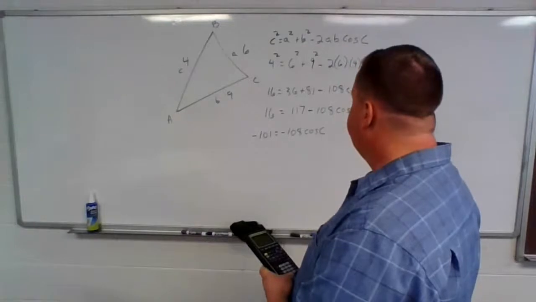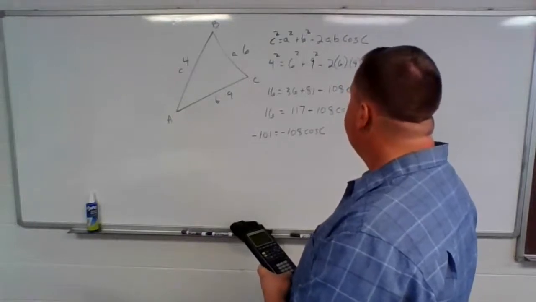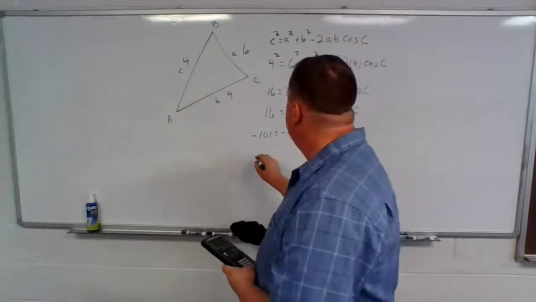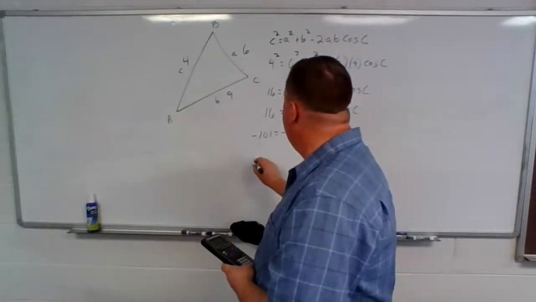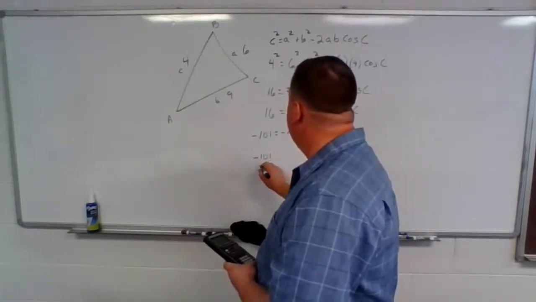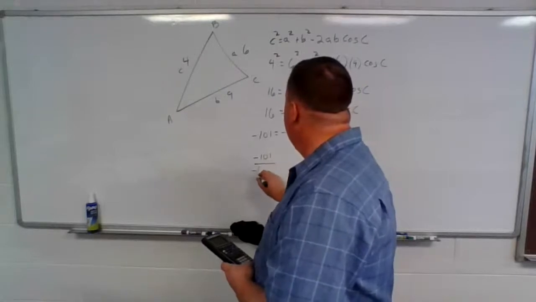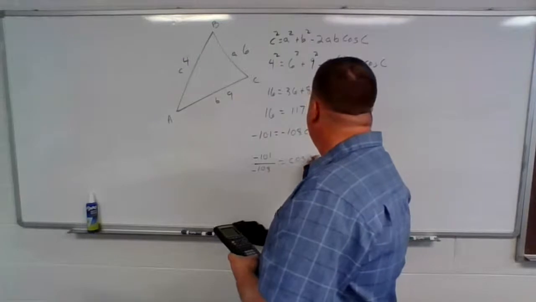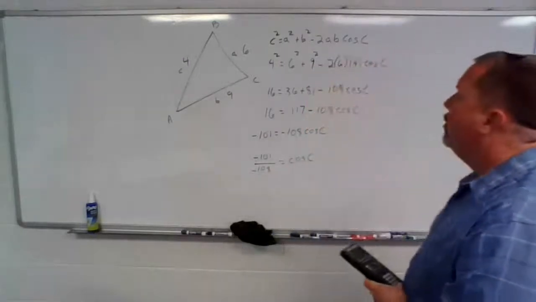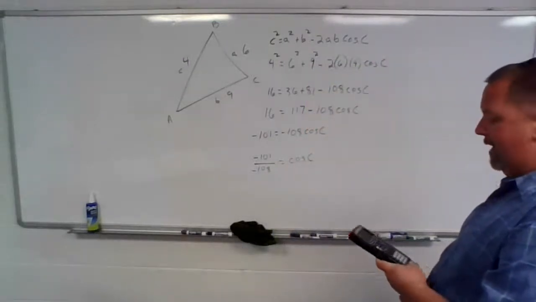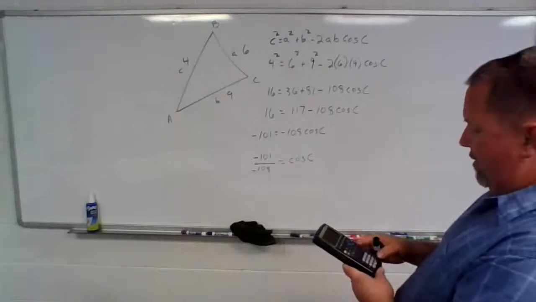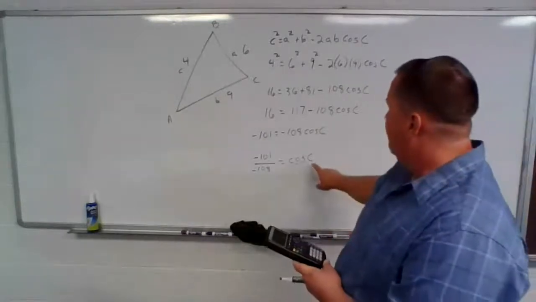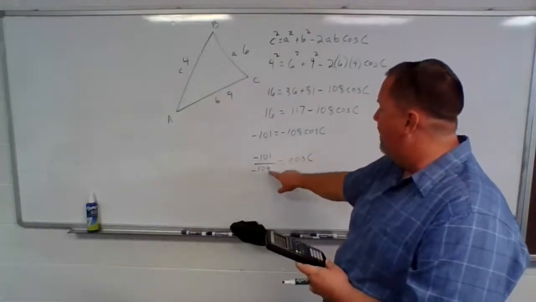Understand that when I do so, my negatives are going to cancel out. Negative 101 divided by negative 108, and over here, I just have cosine C. All right. And so cosine C is negative 101 divided by 108.